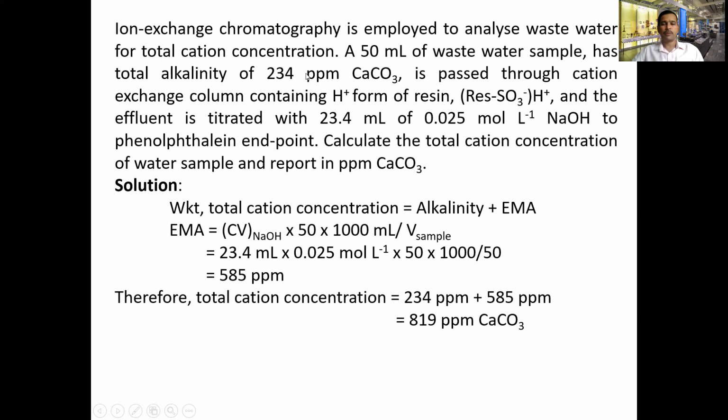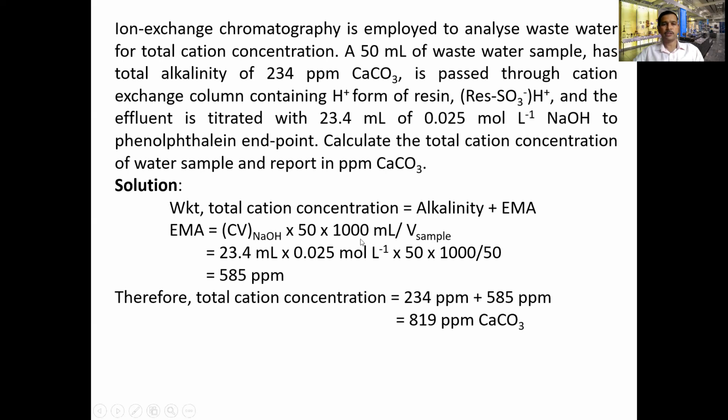This 234 ppm alkalinity means whenever a cation exchange resin in the hydrogen ion form is treated with a water sample having, say, carbonates, bicarbonates, hydroxides, along with some alkali metals, all the metals are going to be exchanged, and the hydrogen ion will be released to the effluent.